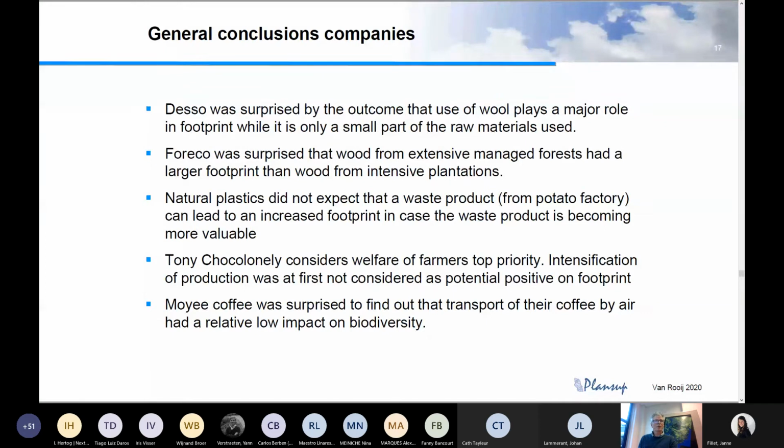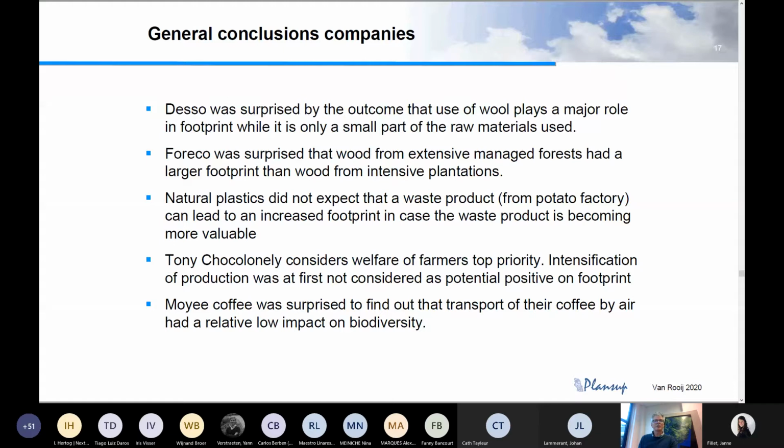The companies had some other conclusions, and like I said, Desso was surprised why the wool had such a big impact. The main reason was that it needs a lot of land. Later they were thinking of using land from Norway, which is less intensively used.